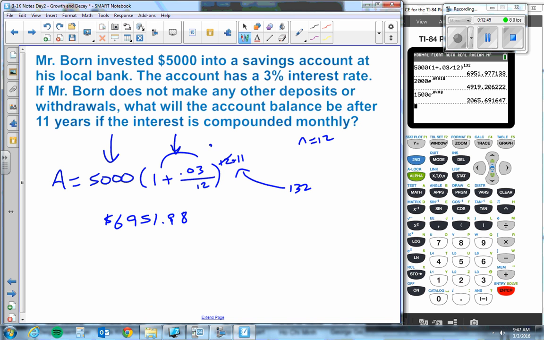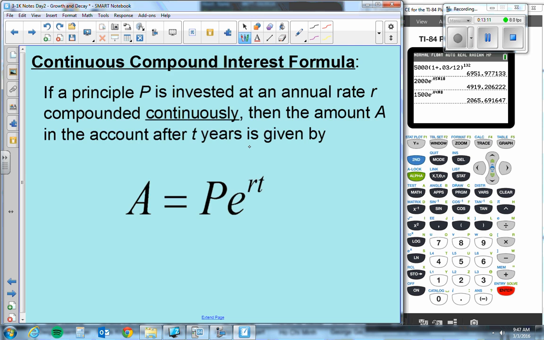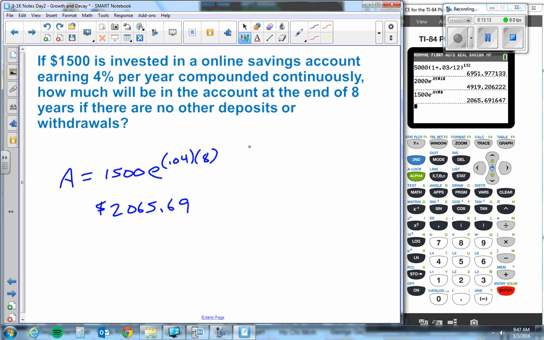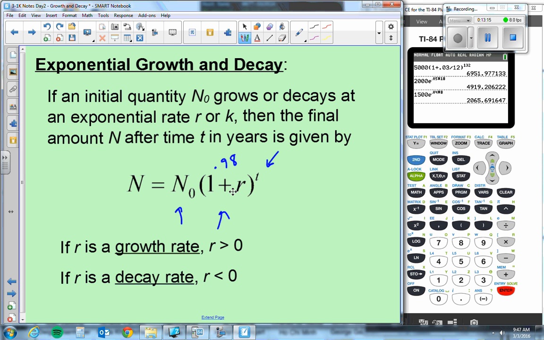If I changed it to daily, you'd apply it a whole bunch more times, but it's a smaller rate then. But it's better. Applying that smaller rate more times gets you a better return if we switch to daily. So I'm saying it's all the same basic idea: initial amount, growth factor, and number of times it's happening. And if you realize that, then if I throw something at you that doesn't match any of these formulas exactly, you can still figure it out.